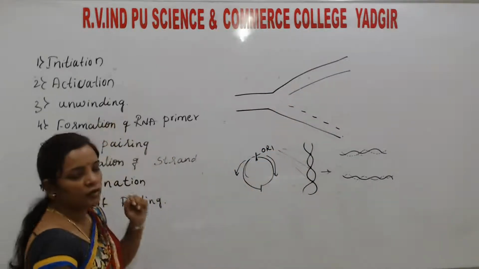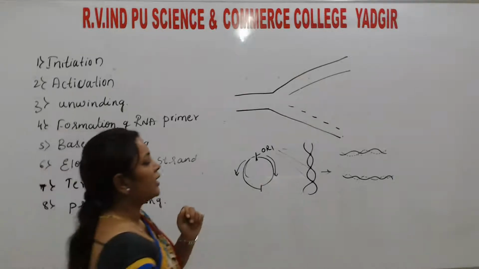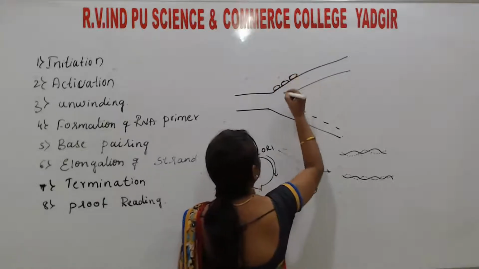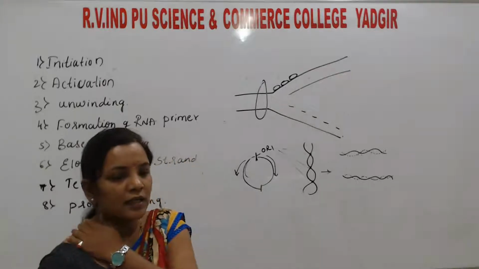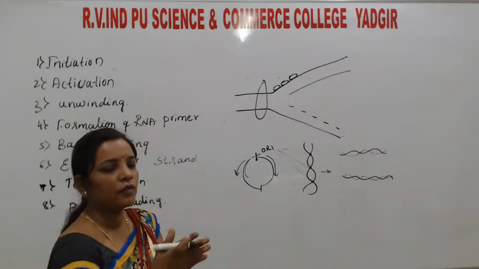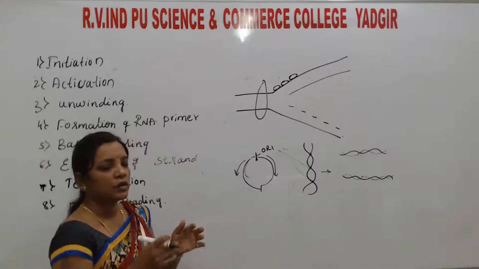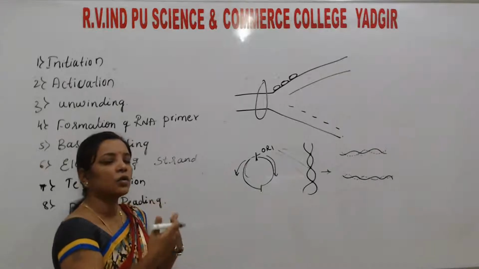Unwinding of the DNA helix takes place with the help of the enzyme helicase, and other proteins are also present. The helicase enzyme is responsible for unwinding the DNA, and after unwinding, the DNA template should not coil back.